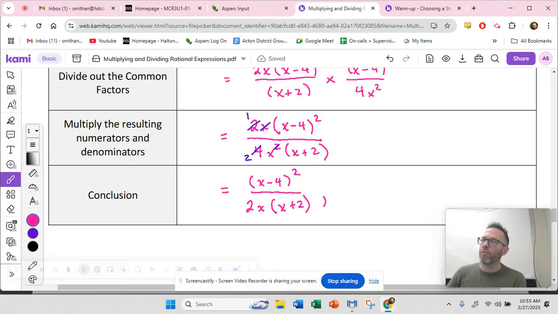There are some restrictions on x. I will tell you guys, there are 4 of them. Can you guys find the 4 values of x that make a bottom 0 anywhere in that problem? Anywhere. There is 4.